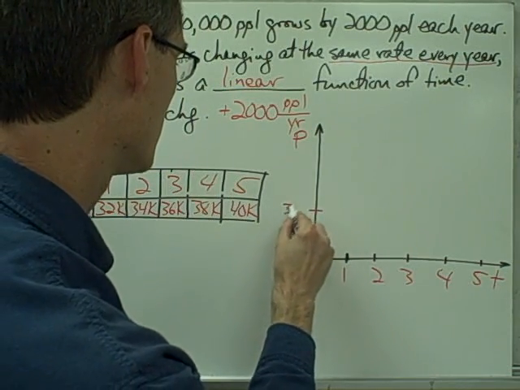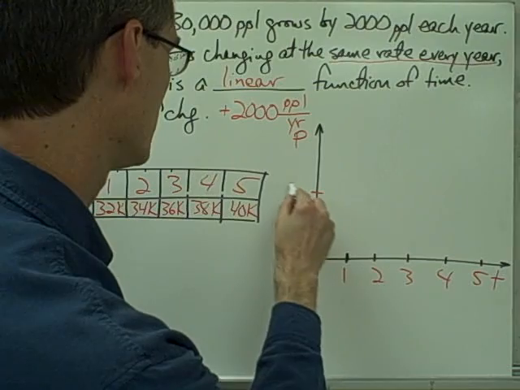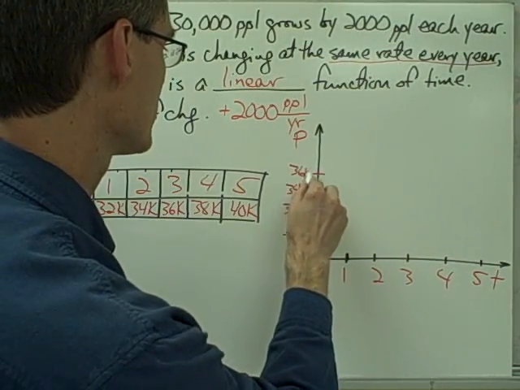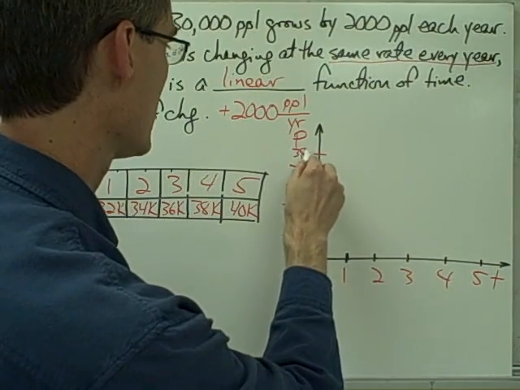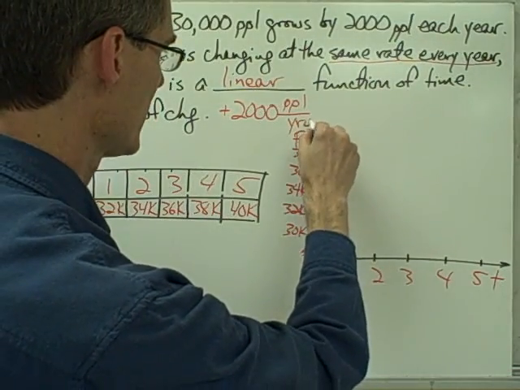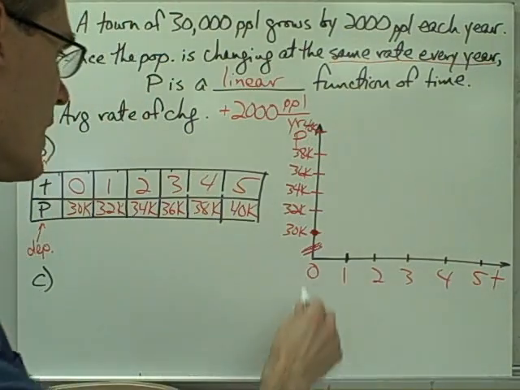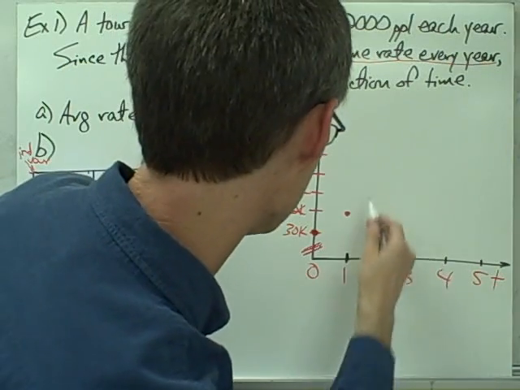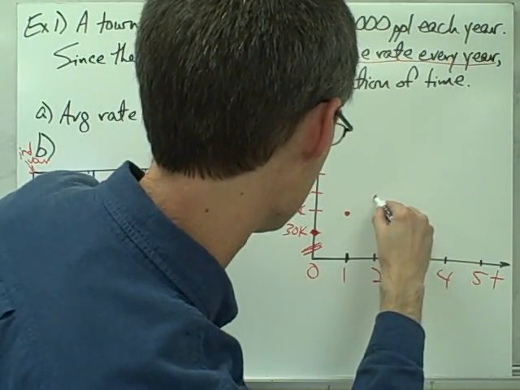So let's see, let's do this. 30, 32, 34, 36, 38, and 40K. So at year 1, I'm at 32K. Year 2, 34.